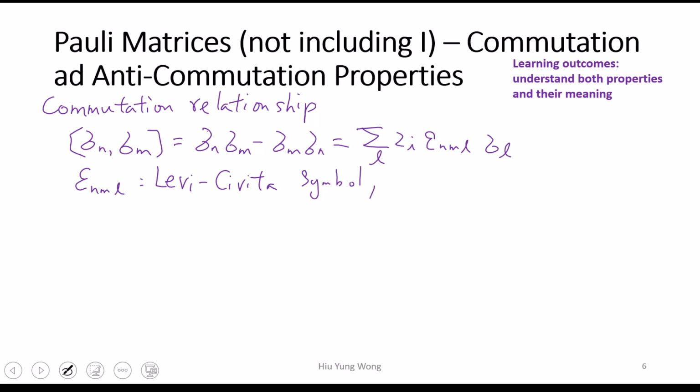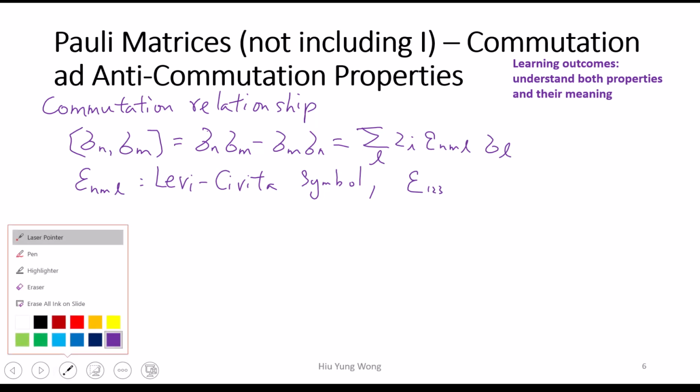There are many definitions, of course very complicated definitions, but just think in this way. If I put the indices 1, 2, 3, remember, I did not say that was n and m, right? What are n and m, by the way? Sigma n, sigma m. What do I mean when I put sigma n? Yeah, it means it can be any one from the Pauli matrices, right?